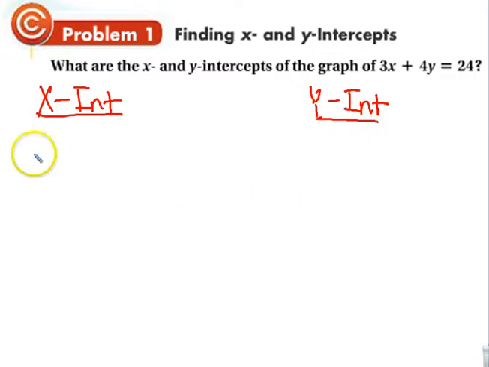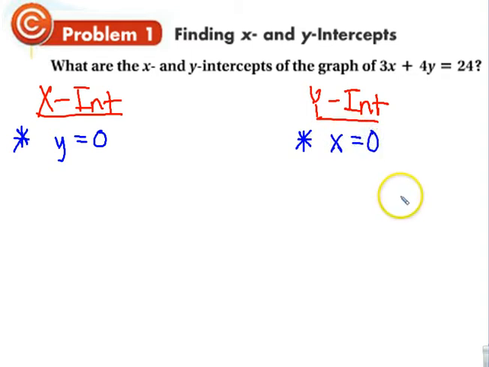The most important thing to remember is that for any point that lies on the x-axis, the y value is equal to 0. For the y-intercept, any point on the y-axis has an x value equal to 0. So that's how we figure it out.